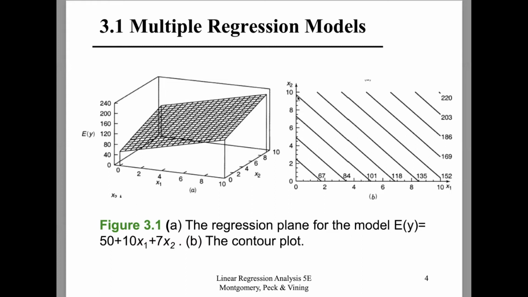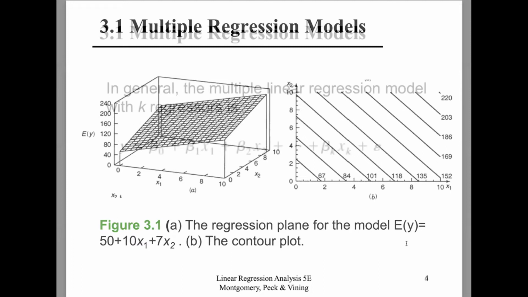So that's what each of these lines corresponds to. It's a line of intersection between the response plane and a horizontal plane at whatever height is specified here in the graph. So 67, 84, 101, and so forth would correspond to heights here on the vertical axis.